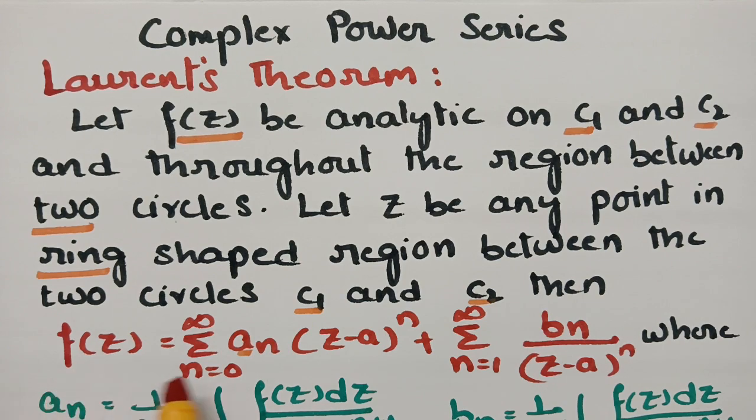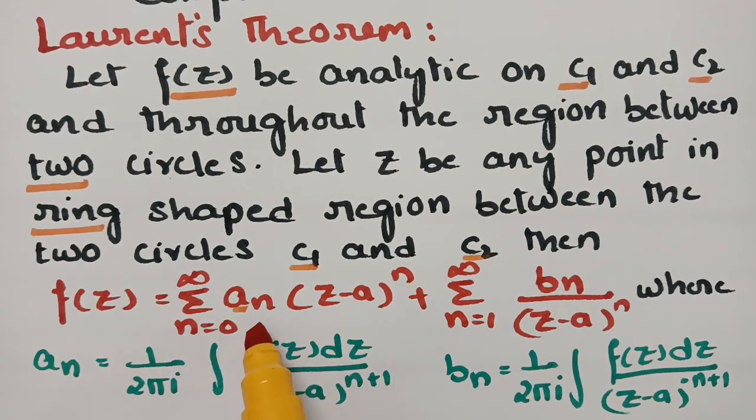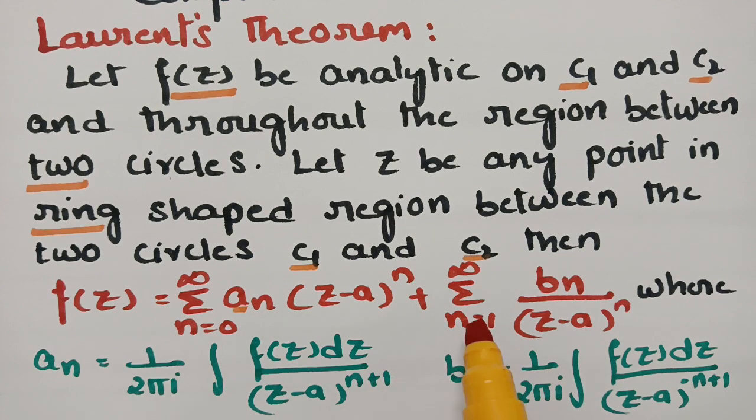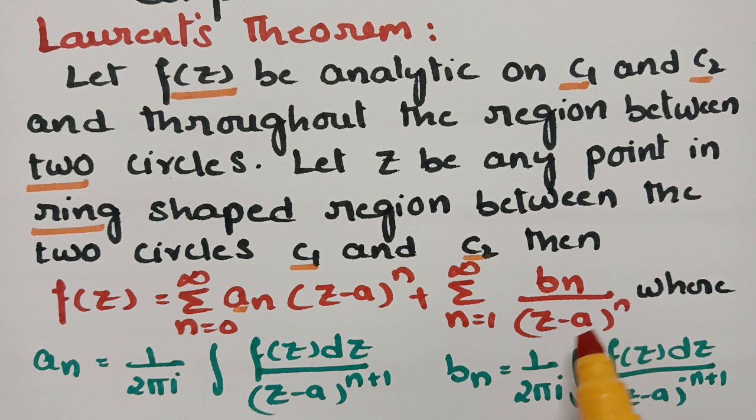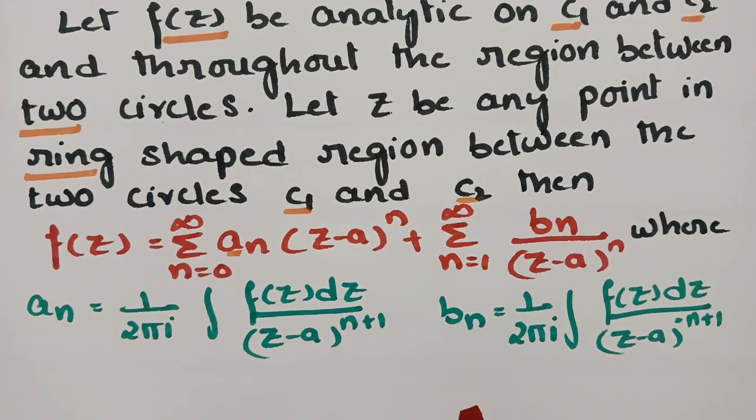Then f(z) is equal to the sum from n = 0 to infinity of a_n (z − a)^n plus the sum from n = 1 to infinity of b_n / (z − a)^n, where a_n is equal to 1/(2πi) times the integral of f(z) dz / (z − a)^(n+1) and b_n is equal to 1/(2πi) times the integral of f(z) dz / (z − a)^(−n+1).